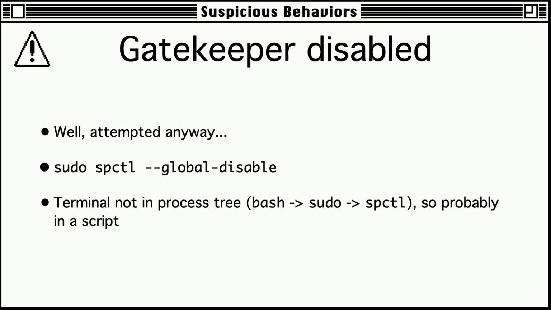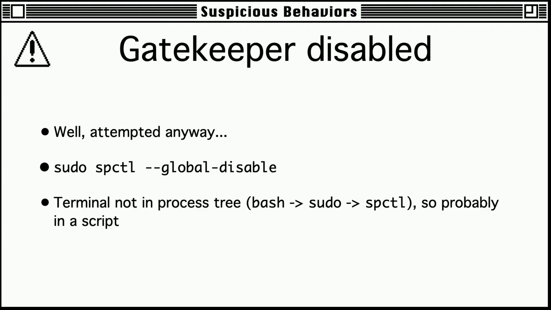So then we're going to dive into a few other suspicious activities that you see. This is one that we see fairly frequently where you see something, in this case probably a script not running in the terminal because the terminal was not in the process tree when this ran.